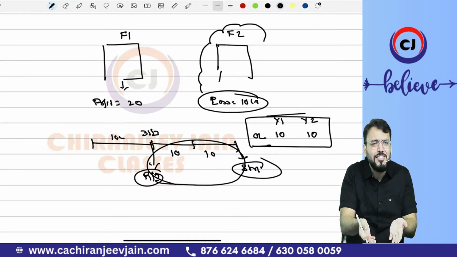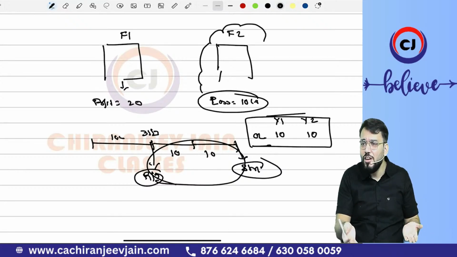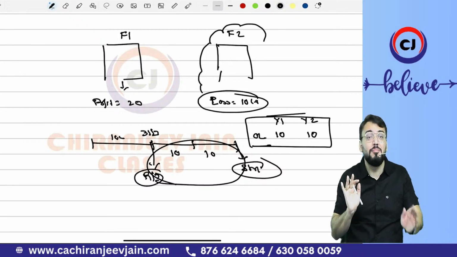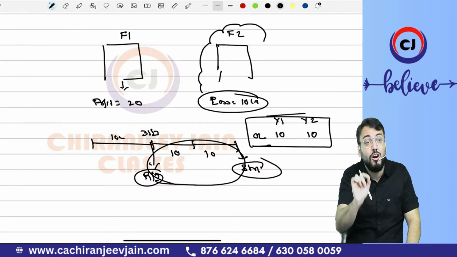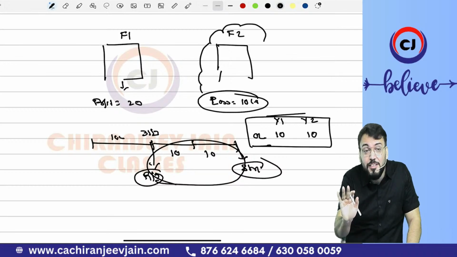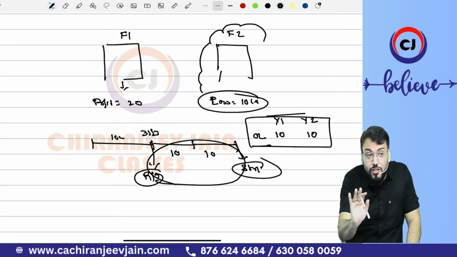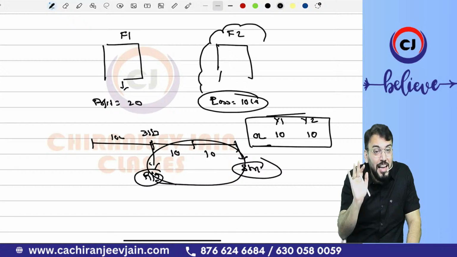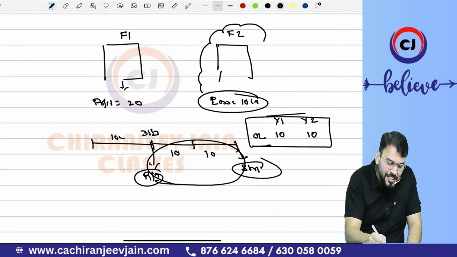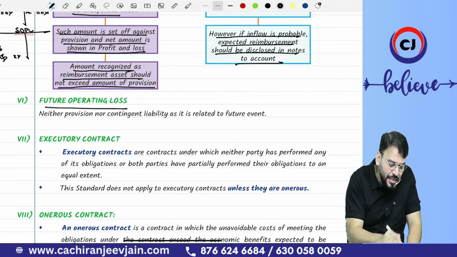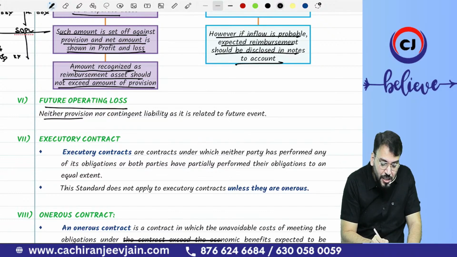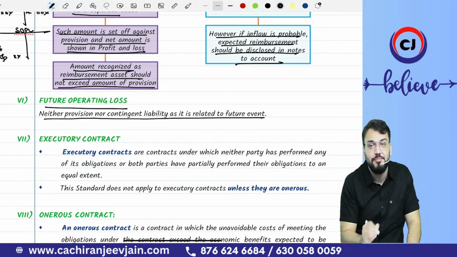Not covered in this chapter. One clarification has been given by Ind AS 37: if it is a future operating loss, Ind AS 37 is not applicable. Therefore, there is no need to recognize any provision for that. It is only a clarification. Neither provision nor contingent liability, as it is related to a future event.